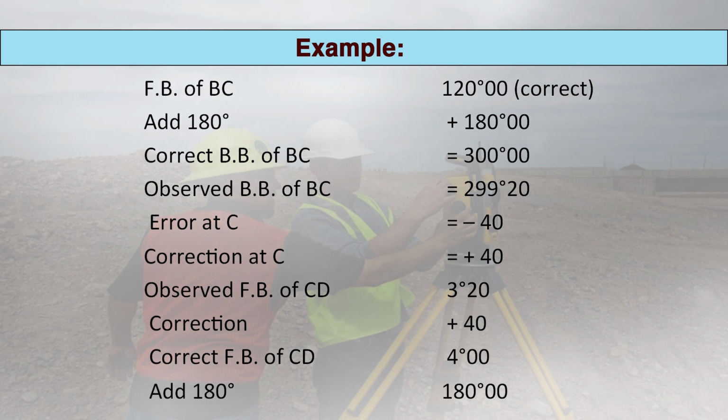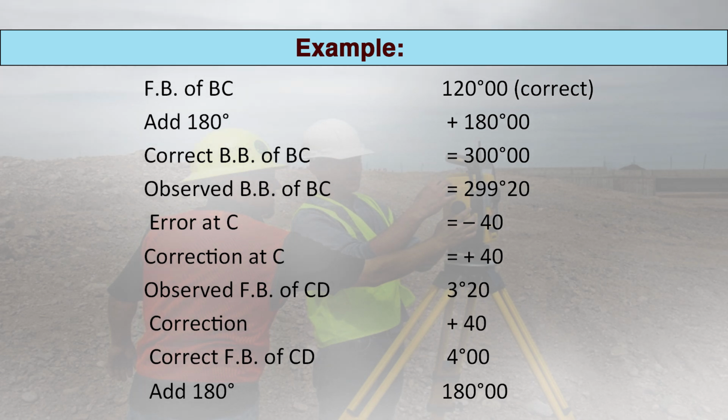Now, the observed fore bearing of CD is 3 degrees 20 minutes, but the correction at C is plus 40 minutes. So, the correct fore bearing of CD is 3 degrees 20 minutes plus 40 minutes, which results in 4 degrees.